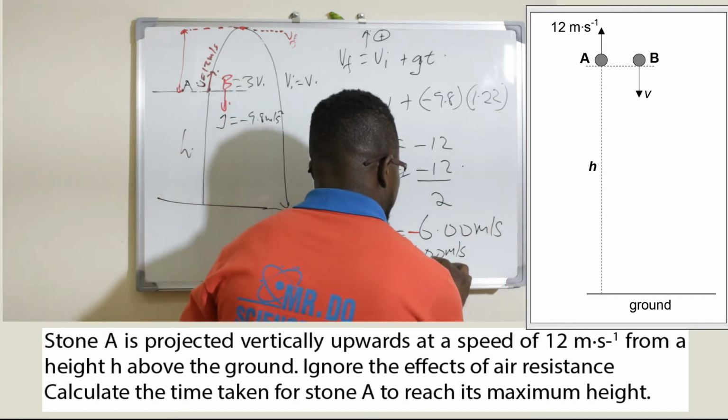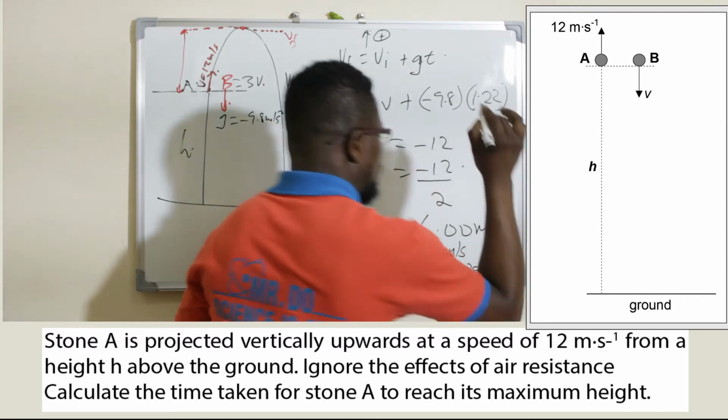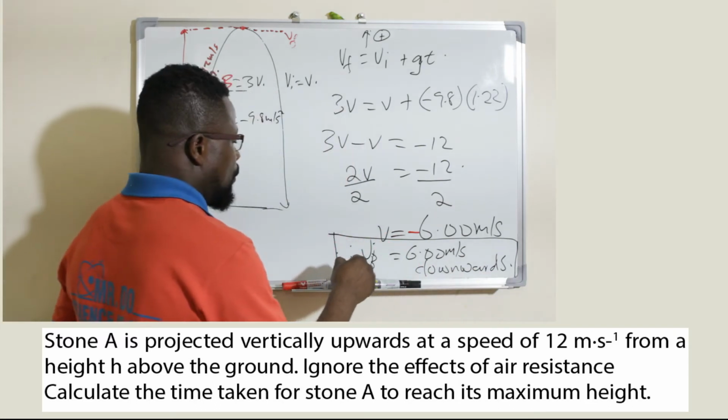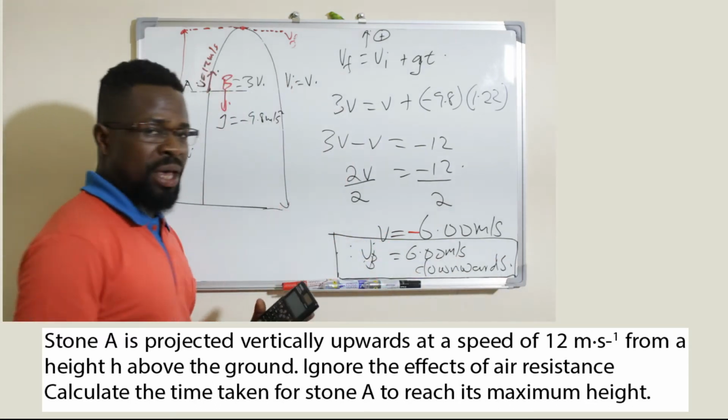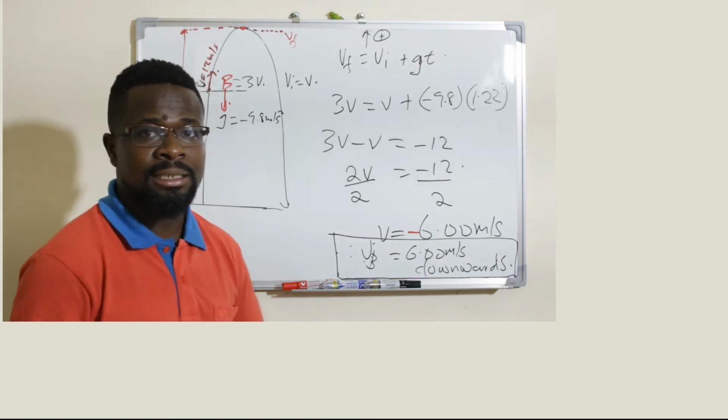And then I'll just write there downwards, to tell me that now that is the velocity with which the stone B is using to descend down into the ground.